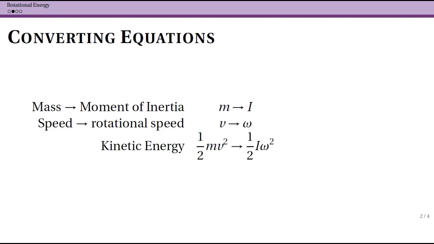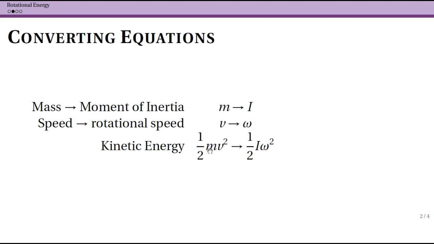So let's do some equation converting. Again, we can take what we used to know in linear motion and we can convert it into a rotational equation. We've said that mass is going to be moment of inertia for any rotational situation. So instead of m, I have I. And what is familiar, hopefully already, is that instead of having linear speed, or the magnitude of velocity, you have rotational speed, or angular speed, omega.